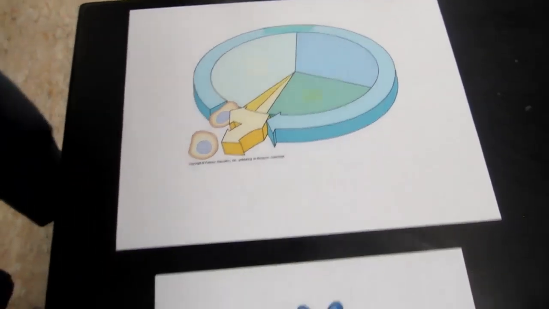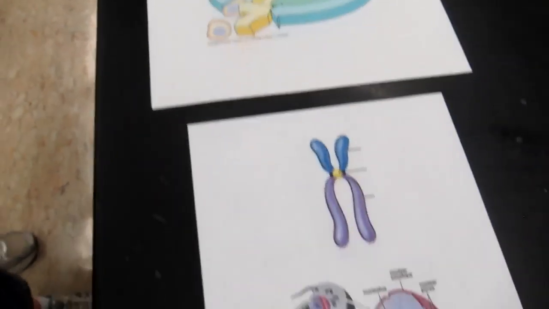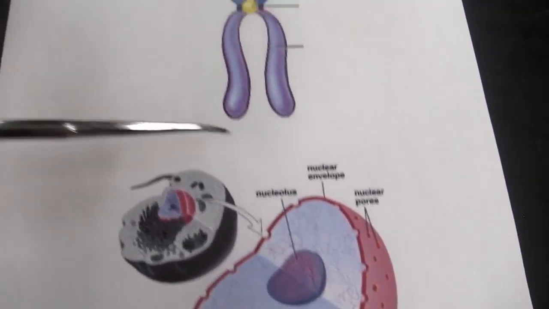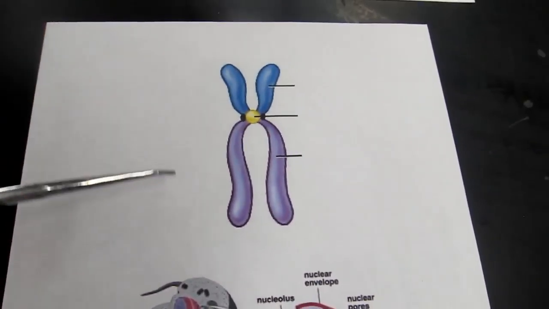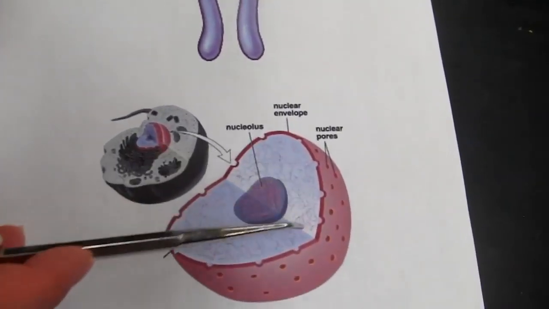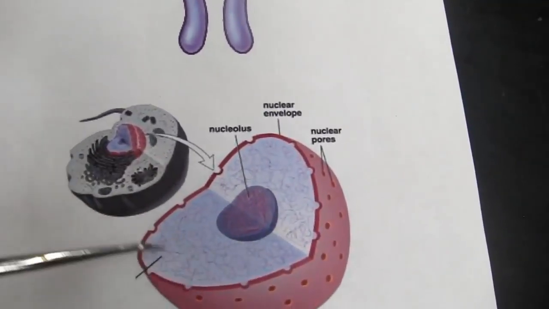Okay, so let's look at a little terminology here. We have a picture of the genetic material here in one form, and then we have a picture of the genetic material in another form over here.